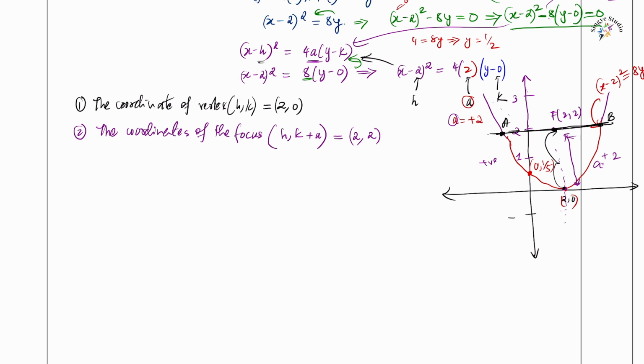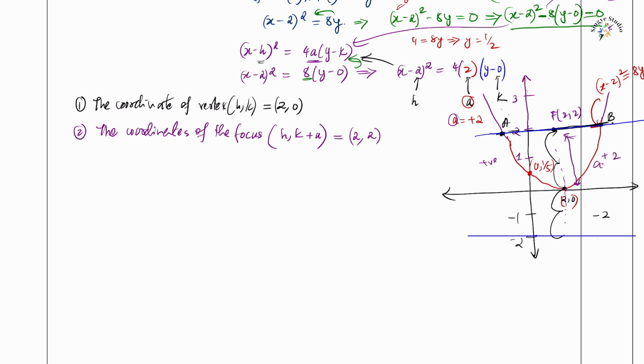Let this be 1, negative 2. You have to move negative 2 units downward, which means our directrix will lie here. So this is our directrix line and this is our latus rectum.